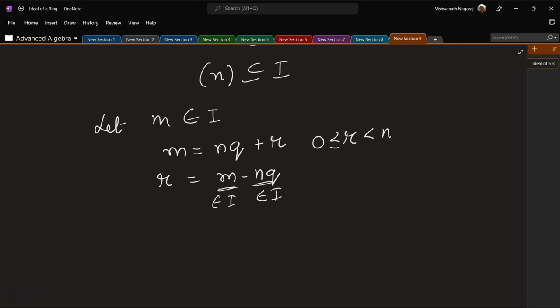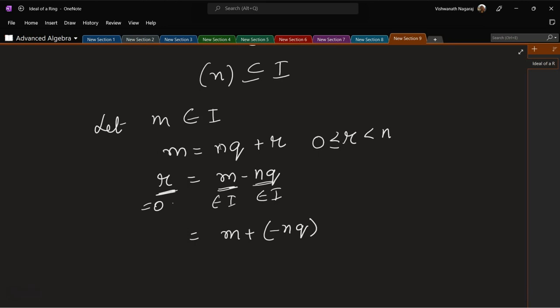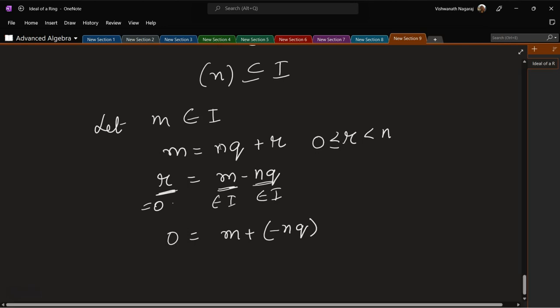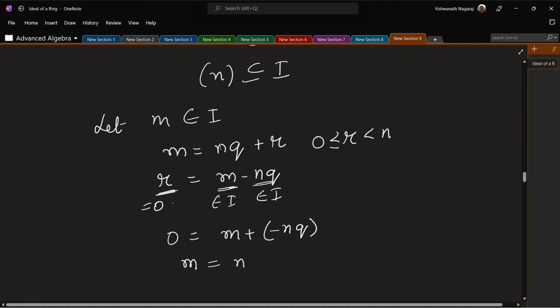If they both belong to the ideal, then the result would be in the ideal only when R is equal to 0, because remember, you have a closure property. We can write this as M plus minus NQ, so it is closed under addition. Since it is closed under addition, R must be equal to 0, which means M would be equal to NQ.